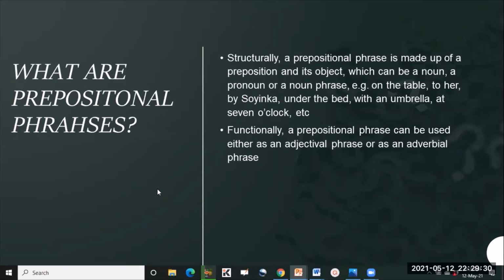We are starting with this important question: what are prepositional phrases?